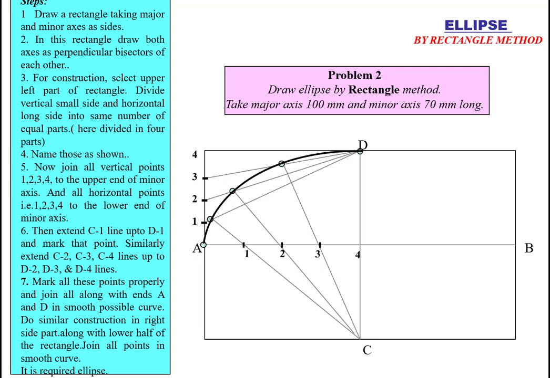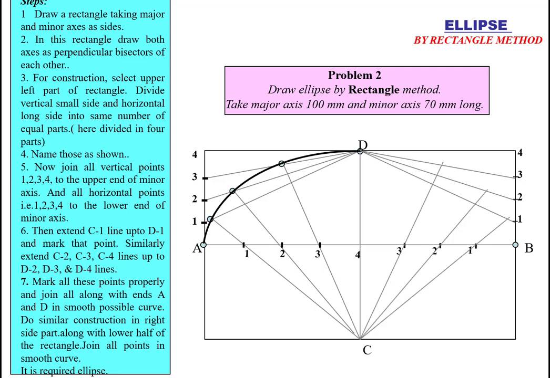Now the same process we can do in another smaller rectangular box. Same method: 1, 2, 3, 4. Divide the horizontal line segment in 1, 2, 3, 4. Join the vertical points 1, 2, 3, 4 to point D, and from the horizontal points 1, 2, 3, 4 draw line segments from point C and extend them up to 1, 2 and 3.